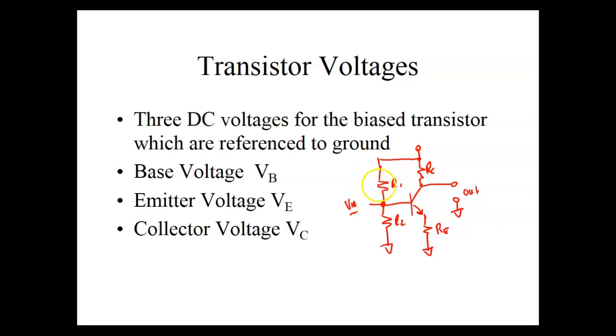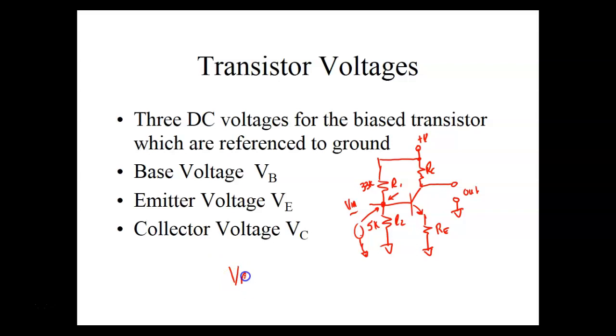Now, let's say this right here was 33K, and this down here was 5K, and I put 12 volts right there. What would that voltage be right there? This voltage right here we would call VB, because when I measure it, I would measure it from common to that guy right there, and that's what we call our base voltage.